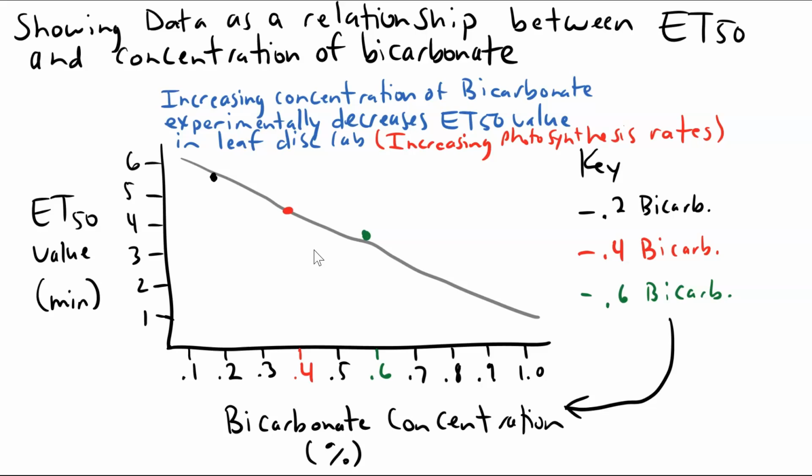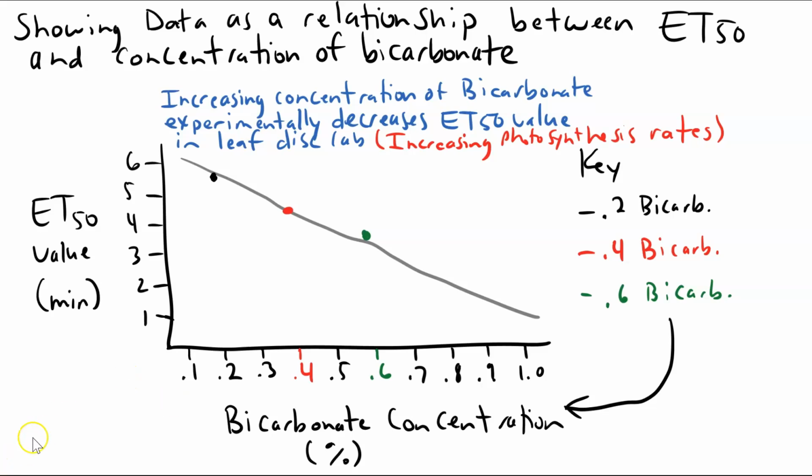So that's sort of tricky to visualize. Basically what it's saying, you can see from the title of my experiment, is that the ET value goes down as you increase the concentration of sodium bicarbonate. But because of that tricky relationship between ET50 and photosynthesis, you might think something else. But basically what that's showing is that the ET50 value decreases as sodium bicarbonate goes up.